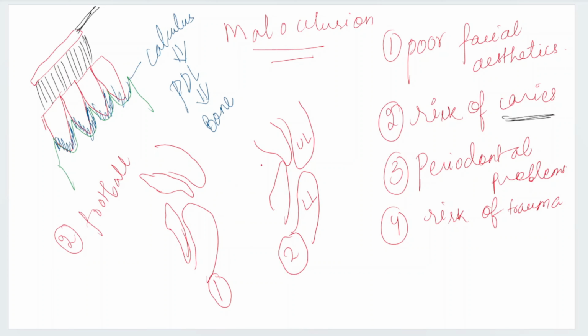And they both fell down. Just imagine whose teeth are going to break or have a chance of breaking more. Of course this one, because this tooth will fall and it will have a great impact on it.